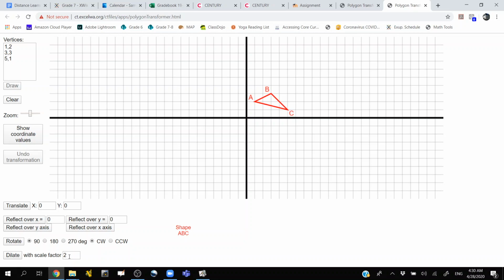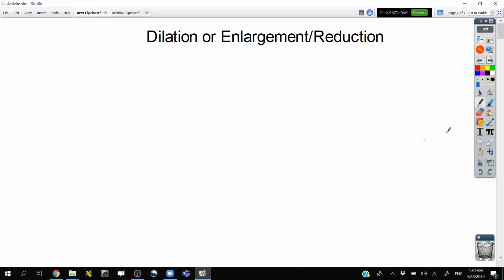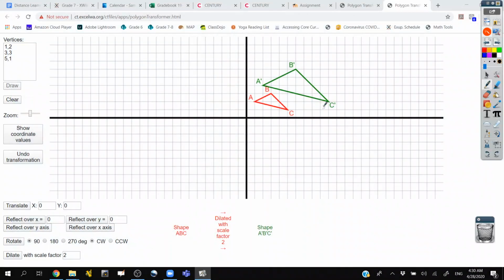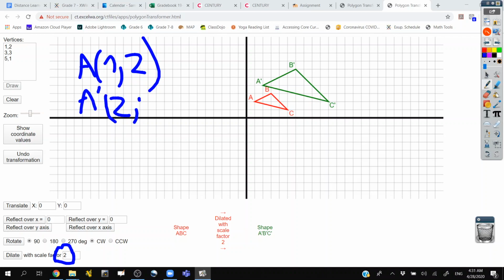If I dilate by a scale factor of 2 around the origin, oh, and I forgot I need my drawing tools. So around the origin, you see the point 1, 2 goes to the point 2, 4 because we have a scale factor of 2. So if A was at 1, 2, then A prime will be at 2, 4 because the scale factor is 2.